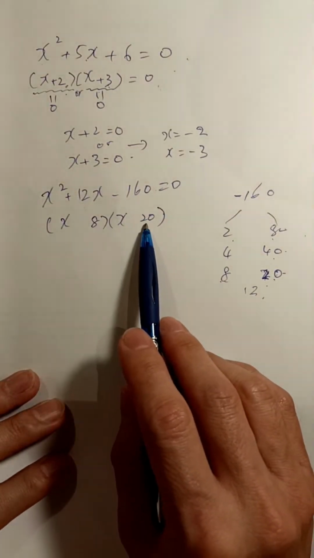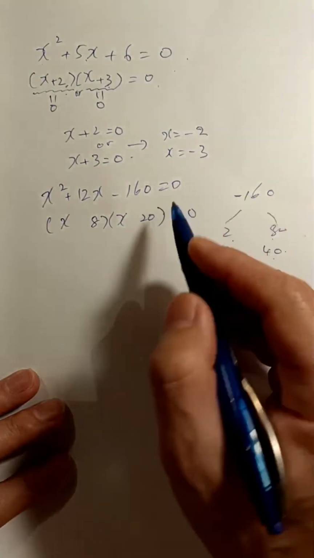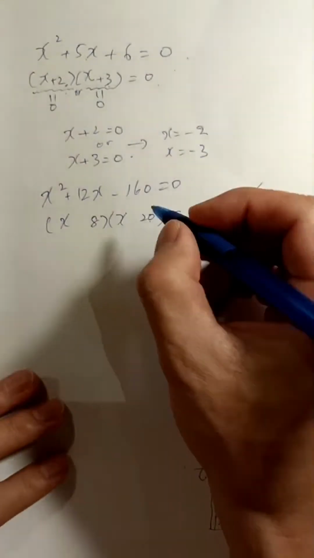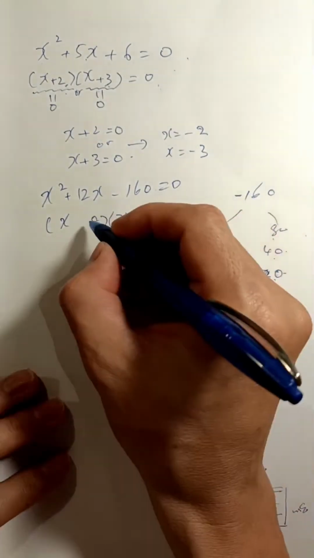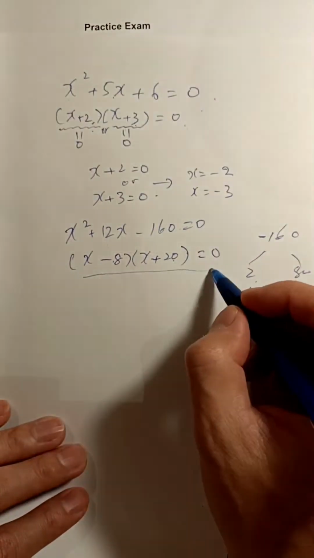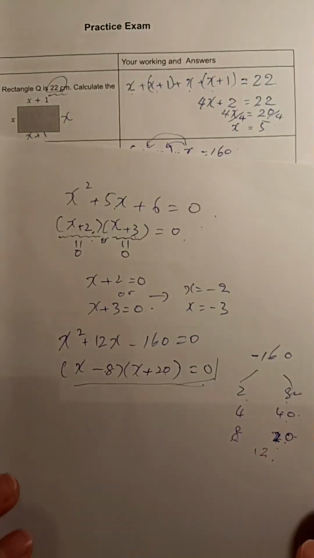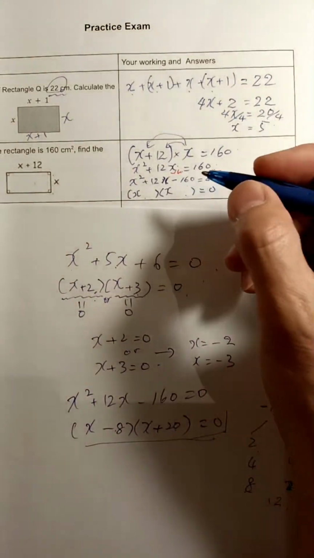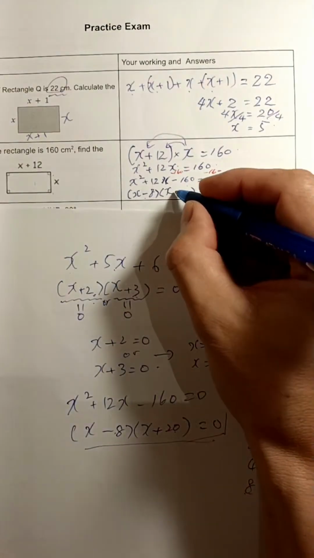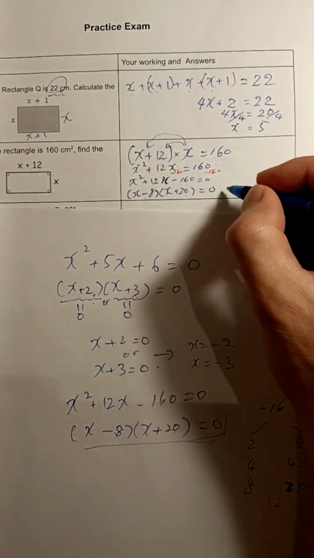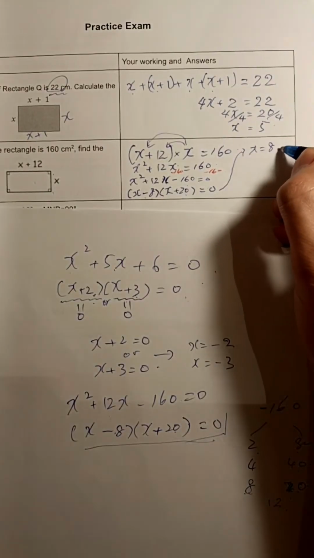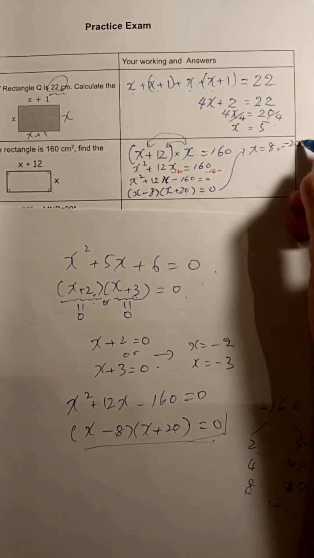And then always, the bigger number's sign is the same as the middle number's sign. So this one is going to be plus, and this one is going to be minus. Okay? So this is the factorized version of it. So I just copy this one, negative 8, and then 20, which means x equals 8 or negative 20.